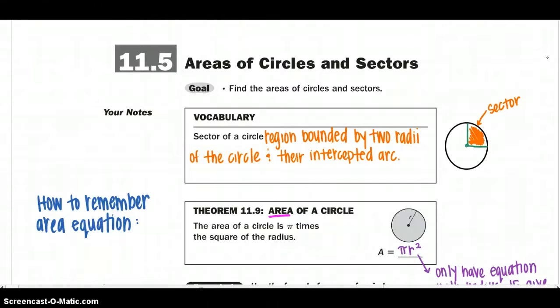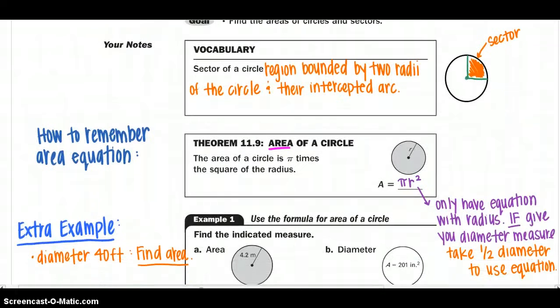So over here I have drawn a circle, and I have drawn my two radii in the green portion, and the part that is called the sector would be my orange shaded area. So when we're talking about the area of a sector, you're talking about what is in between those two radii.